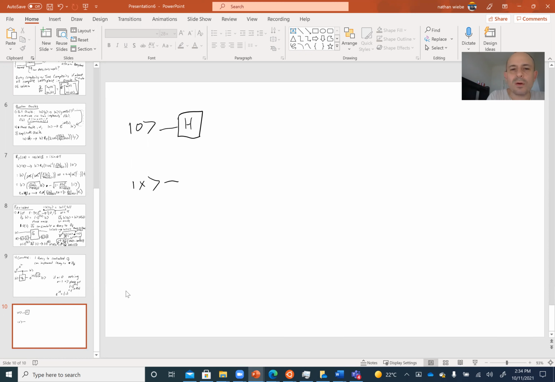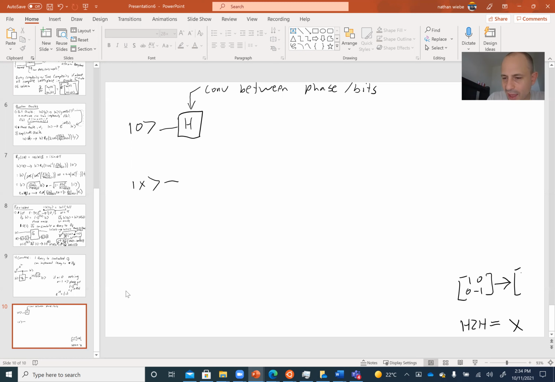Why is that? Well, at a high level, the Hadamard is what converts between phase and bits. Like, for example, we have that HZH is equal to X. And so if we look at Z, that's [[1, 0], [0, -1]], and this gets mapped to X, which is [[0, 1], [1, 0]].